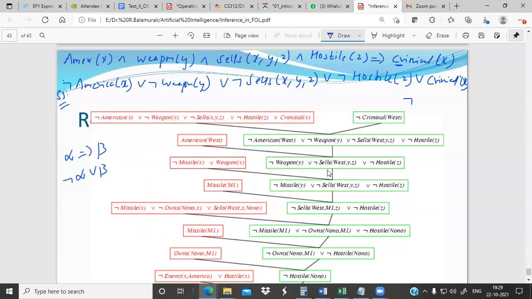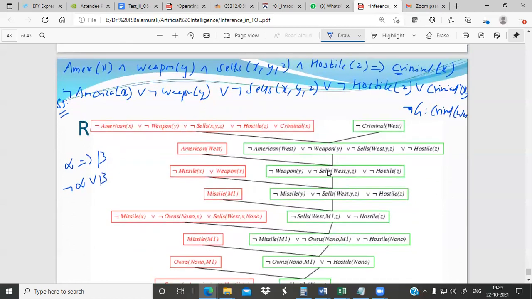Our goal is criminal of West, but we take the negation of the goal, which is not criminal of West. We don't take the goal, we try to prove the negation is true.